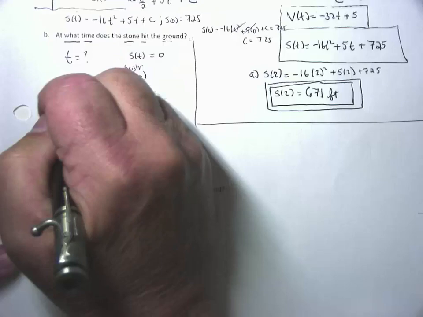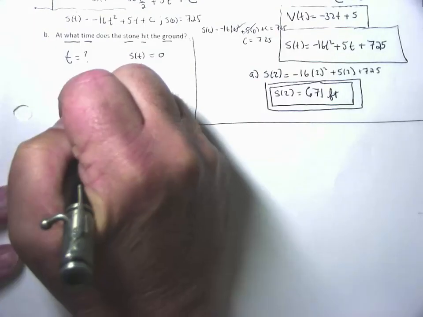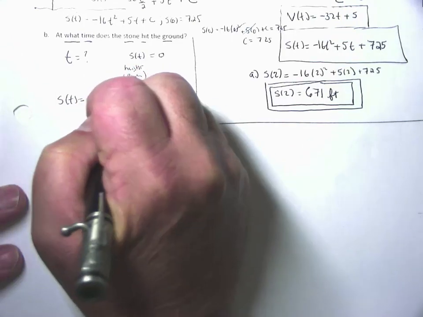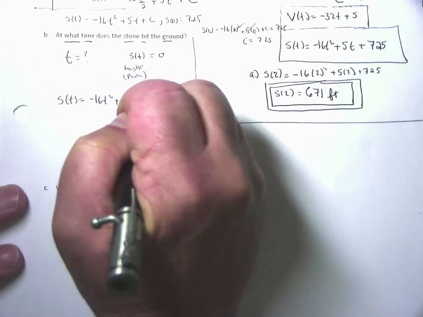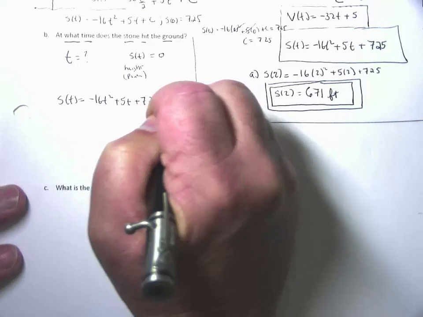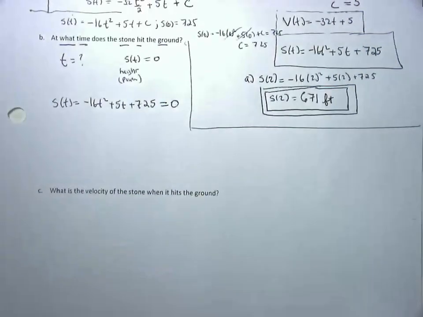So s of t is equal to negative 16t squared plus 5t plus 725, and we're going to set it equal to 0. How are you at factoring? Because it's a quadratic. Negative 16t squared plus 5t plus 725. Set it equal to 0 and solve.